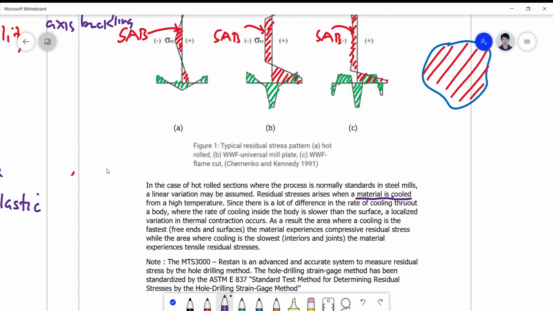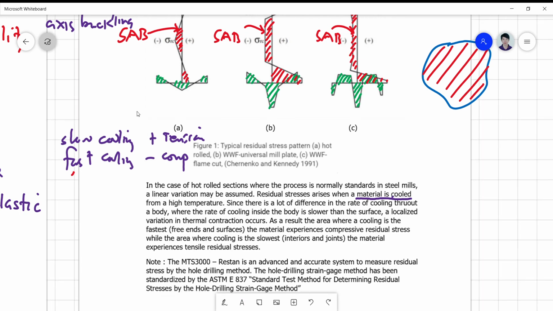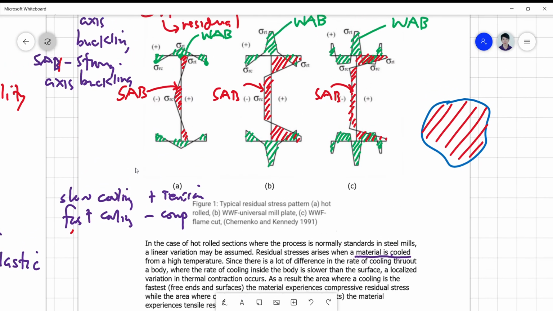Okay, so slow cooling, positive or tension, and fast cooling is negative or compression.